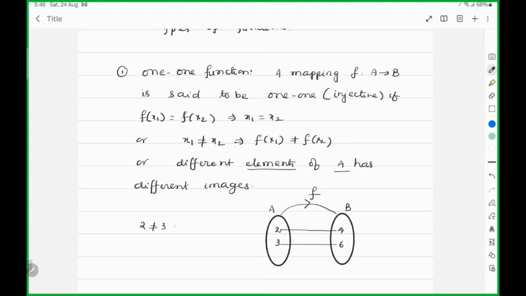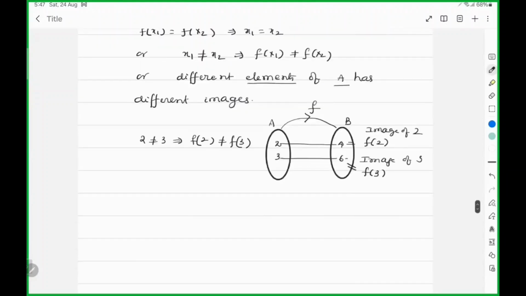This 4 we call f of 2, the image of 2, and 6 is the image of 3, which we also write f of 3. Elements are distinct, implies images are distinct. We say that the function is one-one.